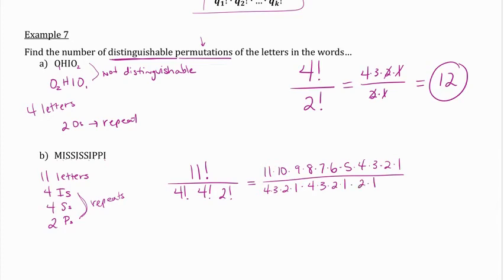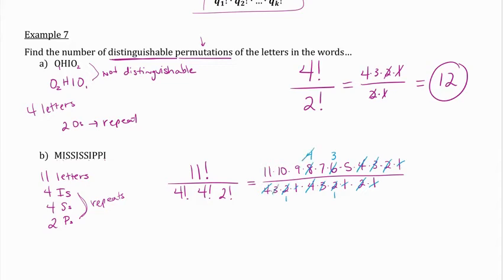So you can start crossing stuff out. All the 1s really don't matter. I can cross out this 2 and that 2, and then a 3 and a 4, and a 3 and a 4. And you can simplify these as well. Like this 2 and this 6, I could make that a 1 and a 3. This 2 and this 8, I can make that a 1 and a 4. Then I can cross out the 4 and the 4.